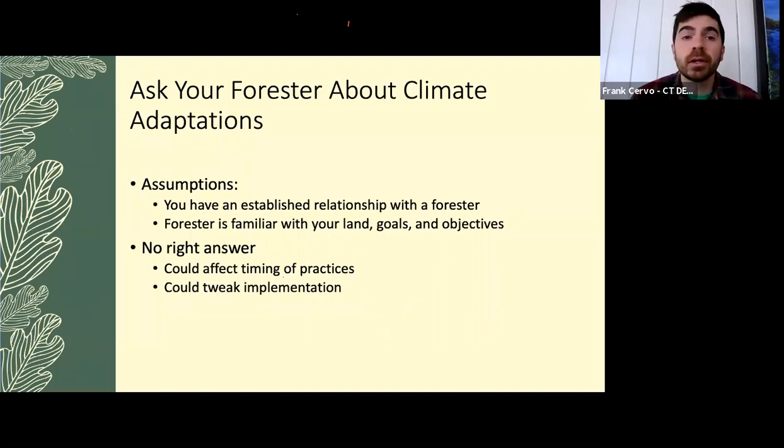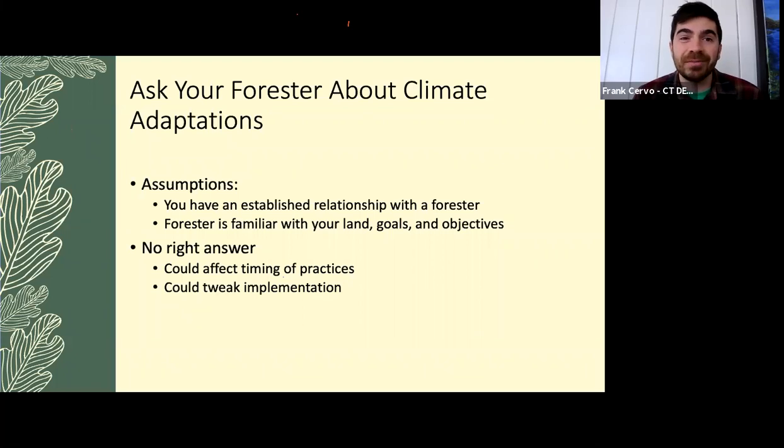And then also it could involve really having to have a conversation where you're doing some prioritization, right? So if you have a really specific goal about aesthetics or a type of condition where you want your forest to be in, but that may really be at odds with the best condition for your forest's climate resiliency, then you may have to make that decision.